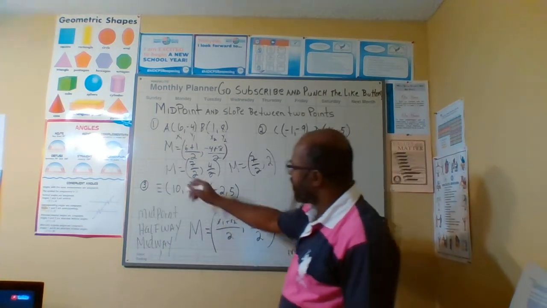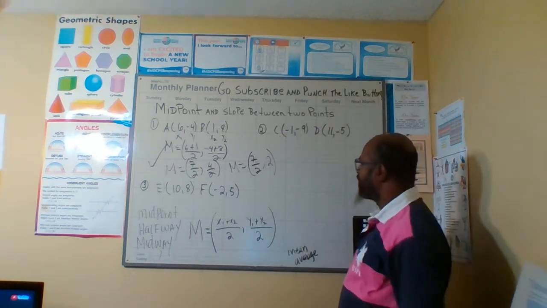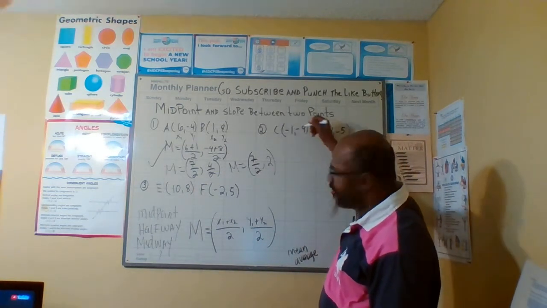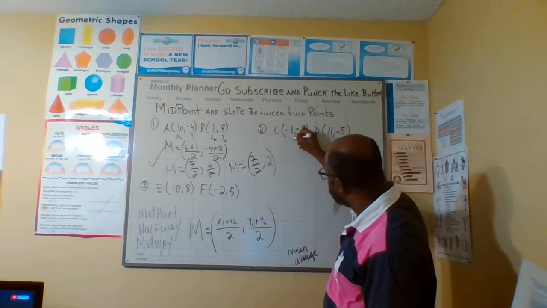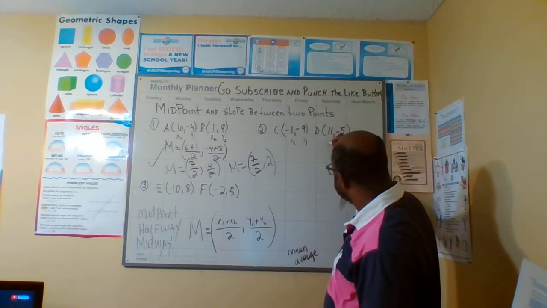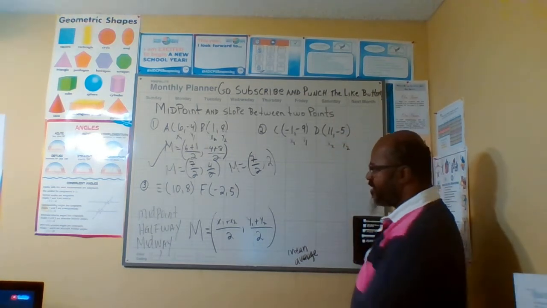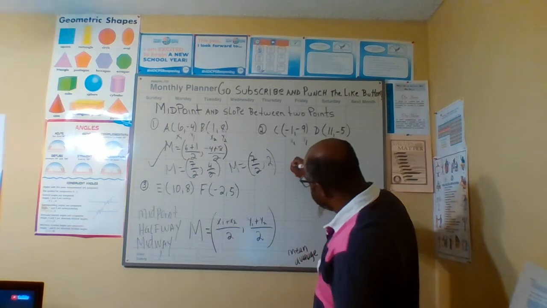So that's one example. We're going to do the same thing with number 2. I'll label this: this is my x1 and this is my y1, this is my x2, this is my y2. And I already have my midpoint formula here.